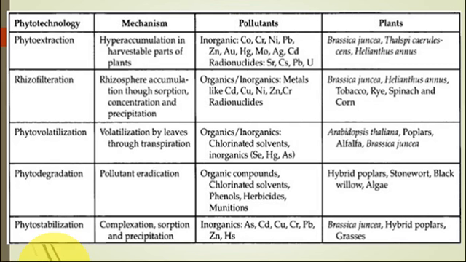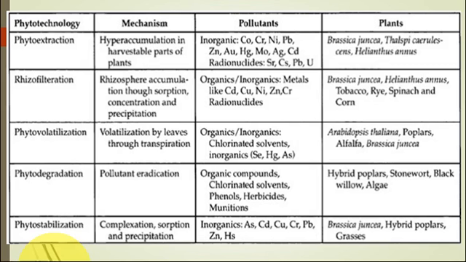Rhizofiltration is generally done by plants like Brassica juncea, Helianthus annuus, rice, tobacco, and spinach. In rhizofiltration, organic and inorganic metals like cadmium, copper, nickel, zinc, and chromium are the common metals that are fixed.